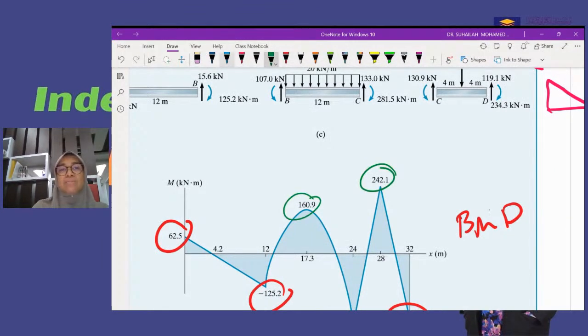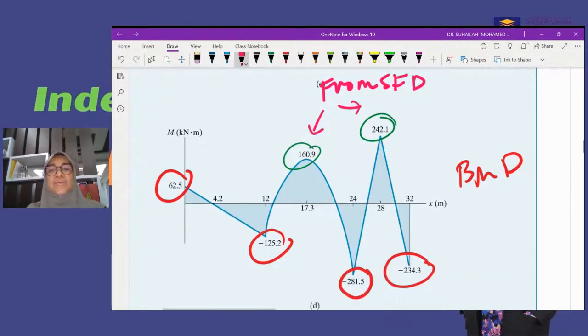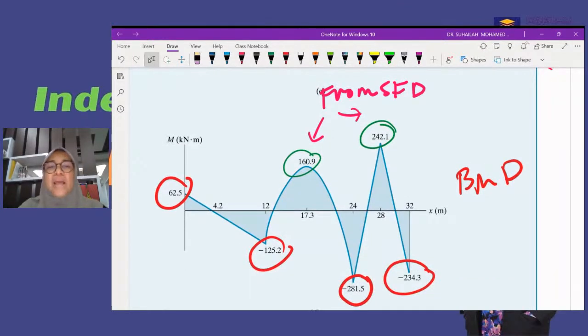So the green we get from the shear force diagram. This is the bending moment diagram, and from it we can identify the crack that will occur in the beam.